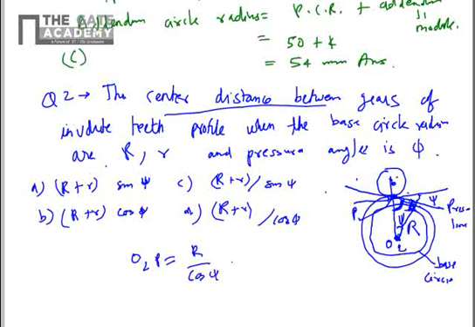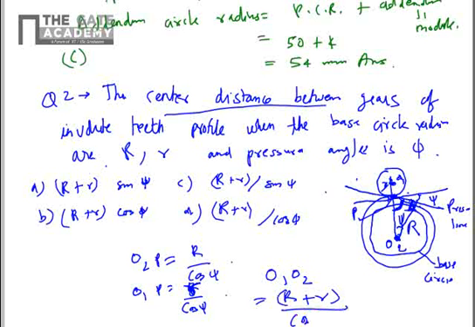Similarly, for the pinion circle you will get O1P equal to r by cos psi, sorry, small r by cos psi, because the base circle radius for the smaller one is small r. If you add these two, the distance between the centers O1 and O2 is R plus r divided by cos psi, and hence D is the correct answer.